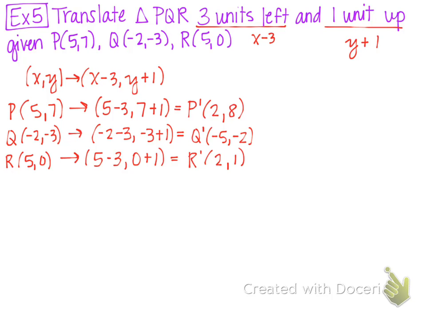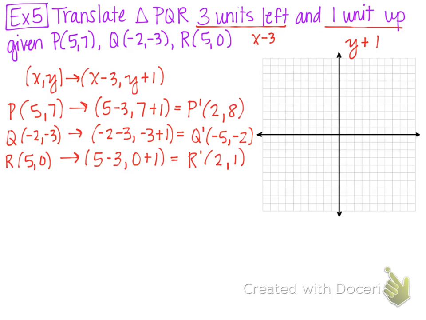Now we're going to graph these as well. So let's graph our original. We have (5, 7), and that is P. We have Q, which is at (-2, -3).